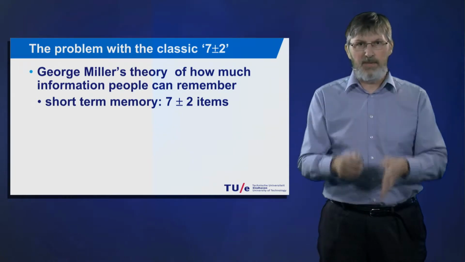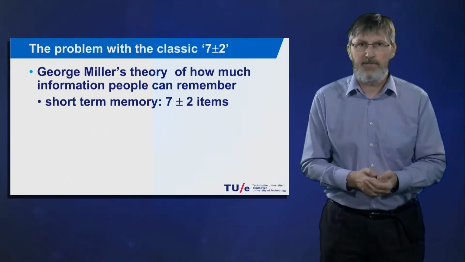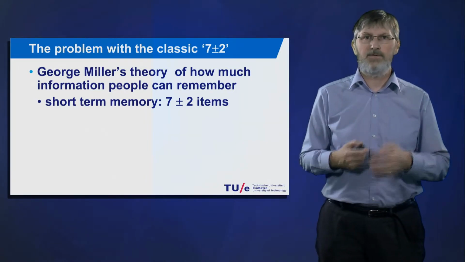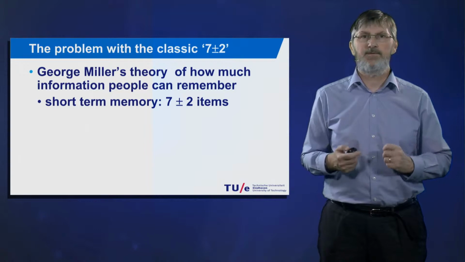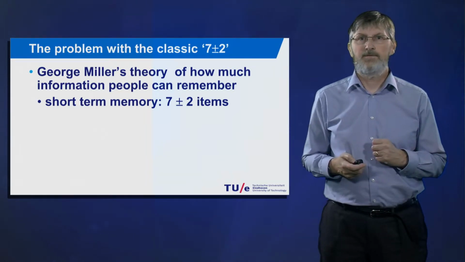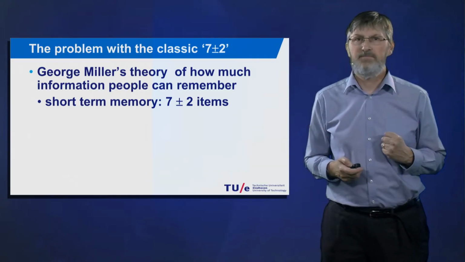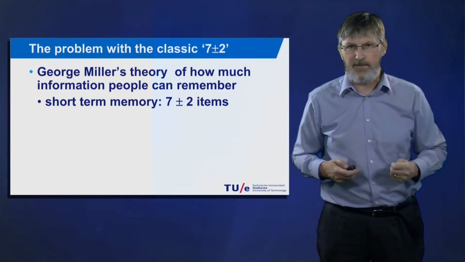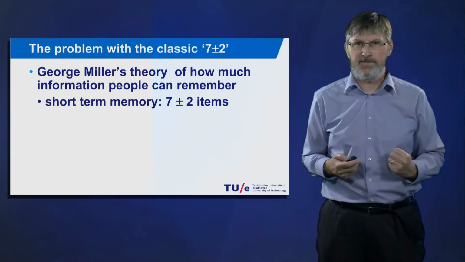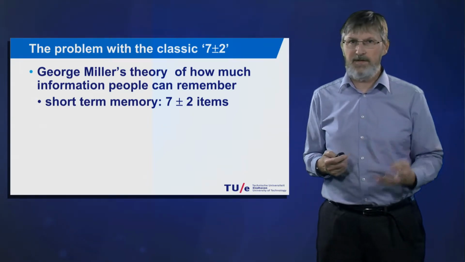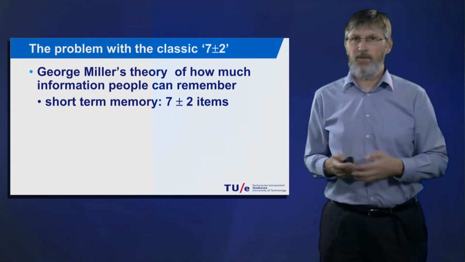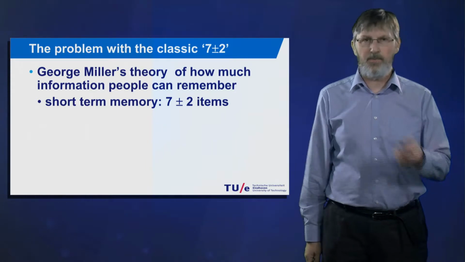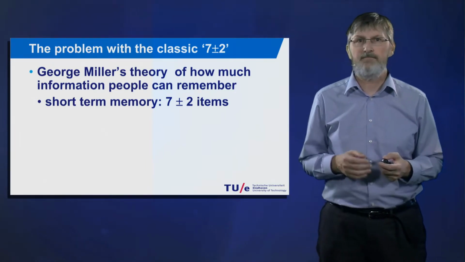Now in our short-term memory, there's a well-known theory by George Miller that our short-term memory can hold 7 plus or minus 2 items. So when someone gives you a phone number, depends a bit how long the phone number is. If someone gives you an internal phone number at the TUE, which is 4 digits, and you only need to use it within a minute or half a minute when you have walked to the phone, it's a good chance that you still know it.